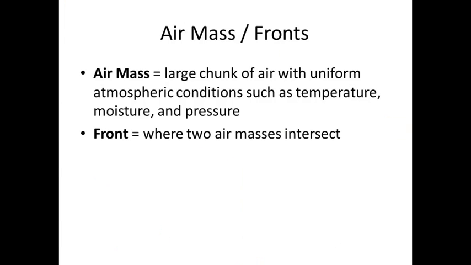An air mass is a large chunk of air, like a third the size of North America. And this is on your review sheet, since I recently made up the test. What all the gas particles within that air mass have in common is uniform temperature and moisture.